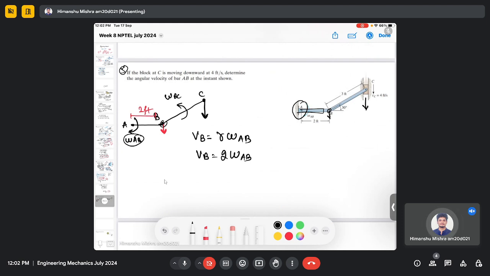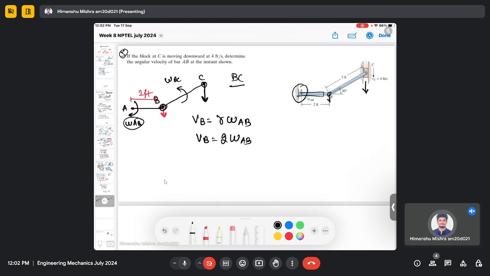So now we are given two velocities here. We are given the velocity at point B, and we are given the velocity at point C. So we can use the relative velocity expression between points B and C to see how the velocity at point B changes with respect to C. Because as I told, if you are given the velocity at 2 points, then you can use the relative velocity expression between these 2 points.